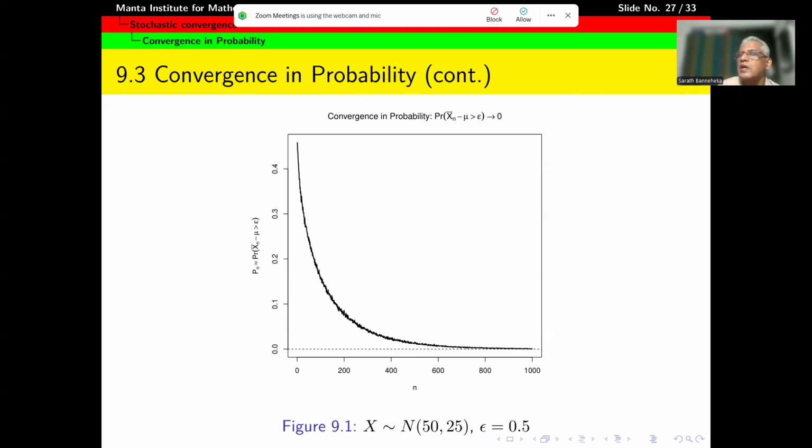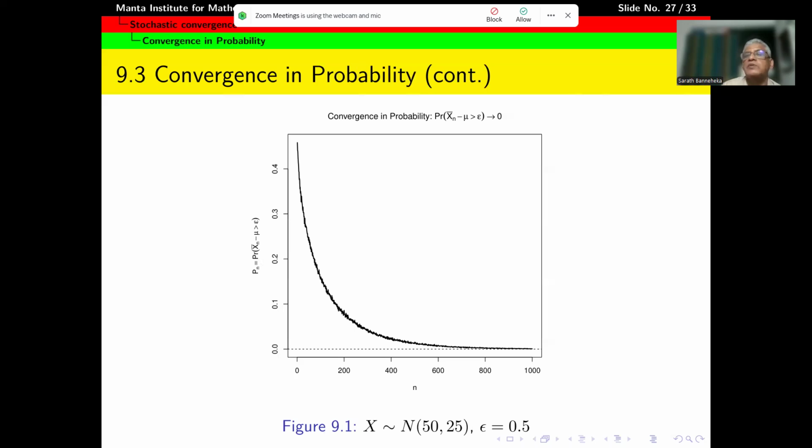So I looked at, out of 10,000 times, how many times the difference between x5 bar and 50 was greater than 0.5. When I divide that number by 10,000, I get an estimate of the probability that the absolute value of x5 bar minus 50 is greater than epsilon. I can theoretically calculate that for the normal distribution too, but what I did was simulate.